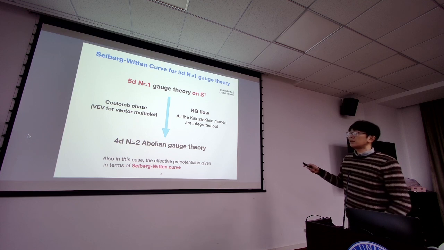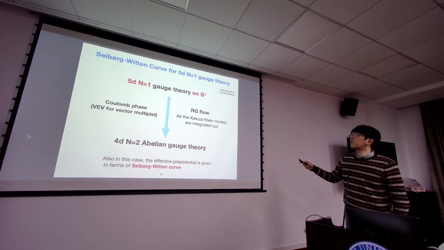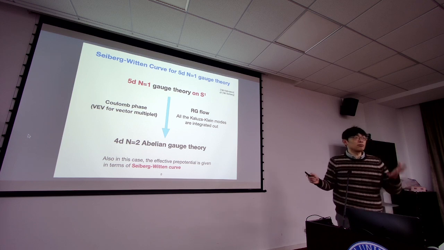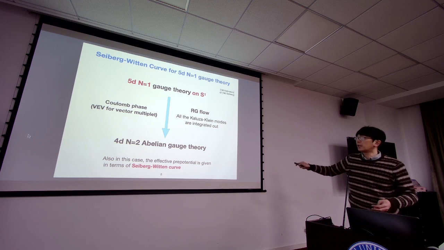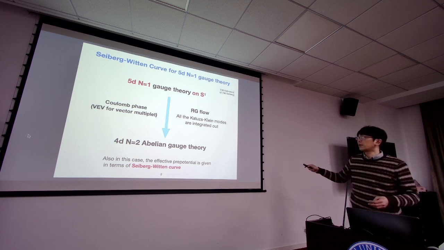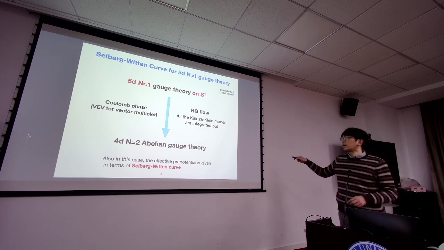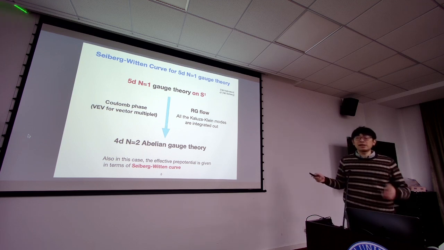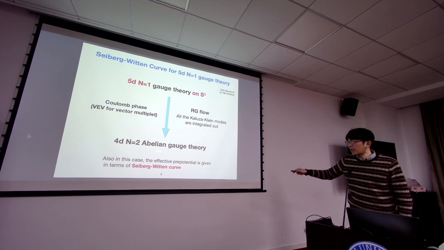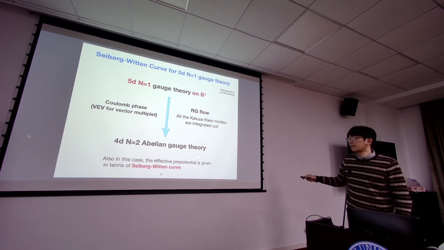The Seiberg-Witten curve was originally studied for 4D, but if we consider 5D N=1 gauge theory compactified on S1 and choose some Coulomb phase, and consider the RG flow and go to the IR, all the Kaluza-Klein modes are integrated out, and at the IR, it is also understood as a 4D gauge theory, a 4D abelian gauge theory.